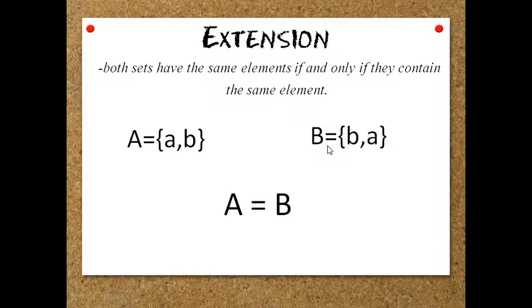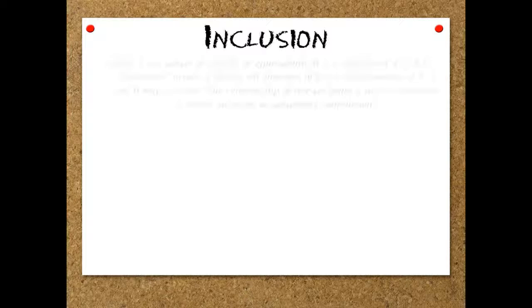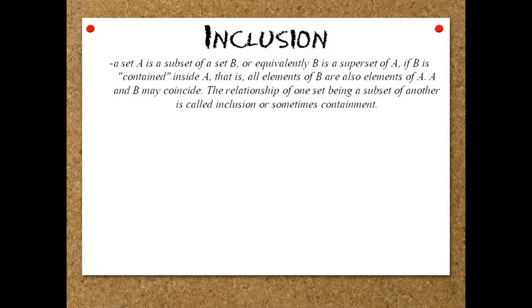And the next one that we have here is the inclusion. So how do we define an inclusion? I have again here an example. Set A has elements 1, 2, 3, 4, 5, 6, 7, and set B has elements 1, 2, and 3.